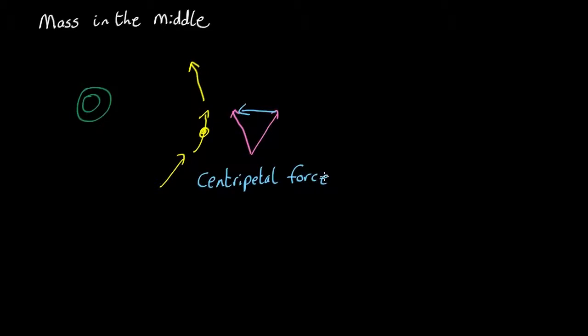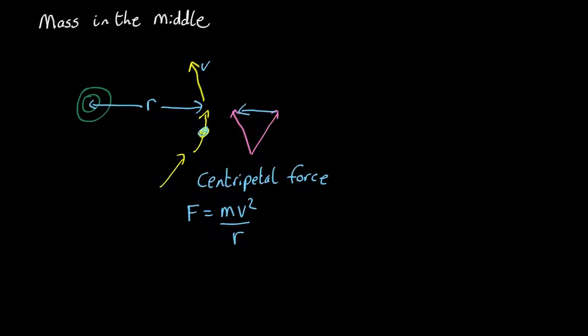And it's given by the equation force equals mv squared over r, where r is the radius of the circle it's travelling in, v is how fast it's moving, and m is the mass. So let's consider a situation when something is observed to be moving in a circle around a mass.